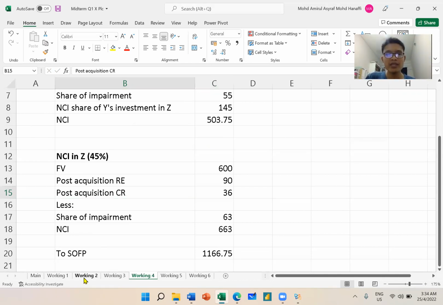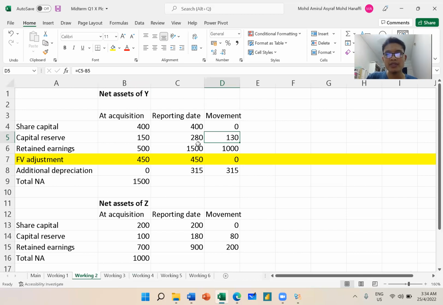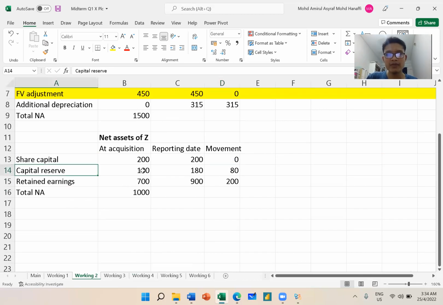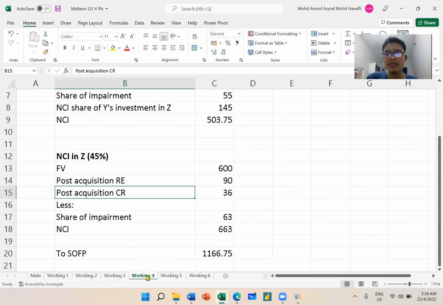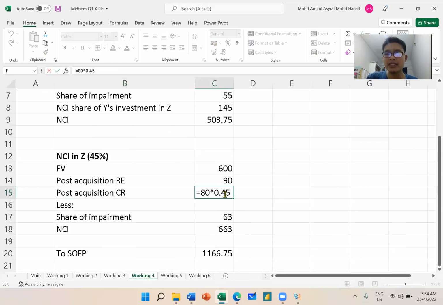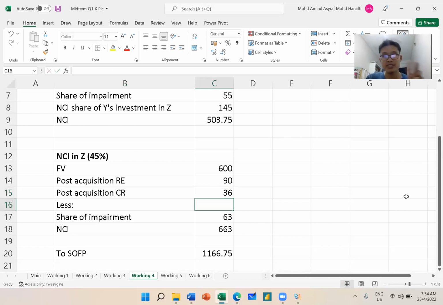For Z, from 100 to 180, that means an increase of 80. Out of 80, you have given some to the parent just now. 55% goes to the parent, therefore for NCI another 45%, 80 multiplied by 45%. That's it.